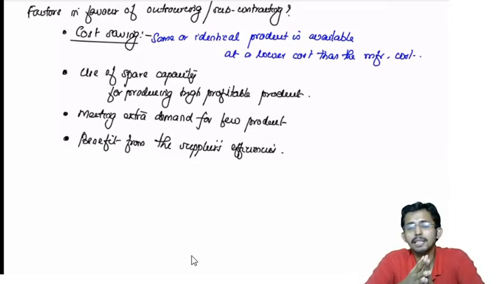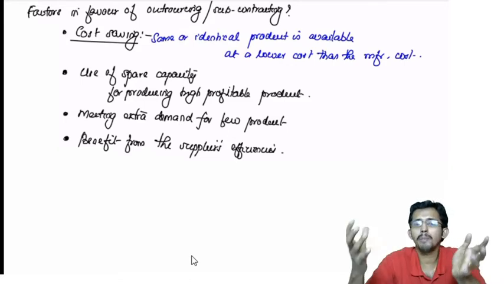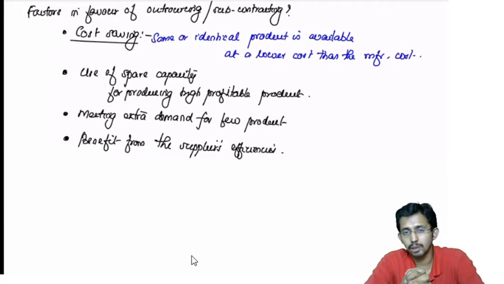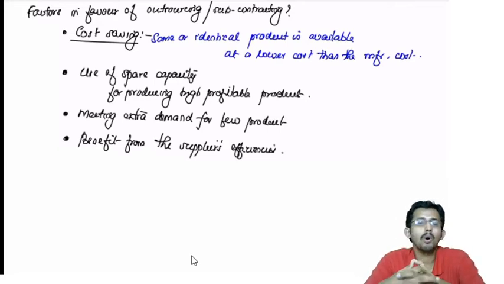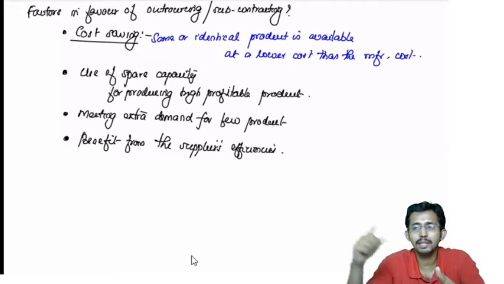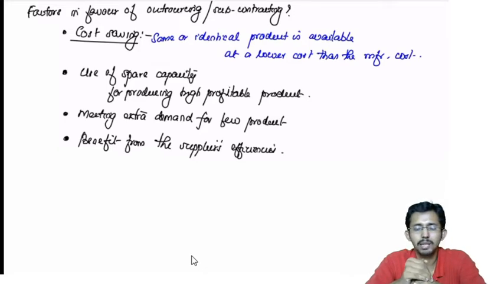You may be excellent in manufacturing cars, but you may not be excellent in manufacturing a tire. If, just because you want to manufacture a car, you think that no, I need to manufacture all the components, so let me manufacture tires also, sometimes what will happen, the cost of manufacturing tires by your firm will be far higher than the cost at which the same tire is sold in the outside market by other reputed companies.